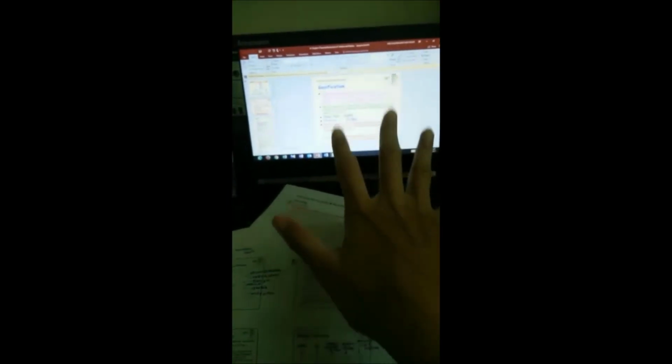Okay guys, so I'm going to tell you about the advantages and disadvantages of gasification and also pyrolysis. As you can see, this is the lecture notes that I printed out, and it's so many slides.